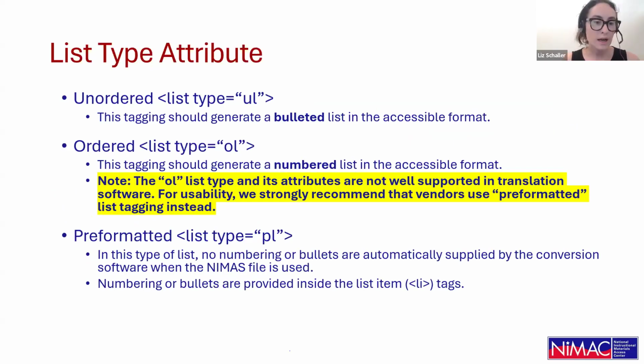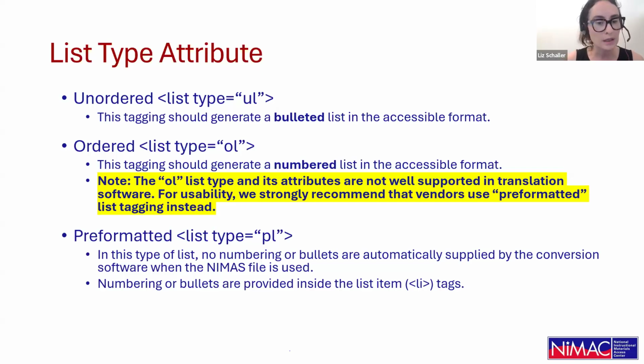The unordered list type should be used when you are tagging a bulleted list. This tagging should automatically generate a bulleted list in an accessible format conversion. Ordered list tagging should generate a numbered list in the accessible format, but we do know that this attribute is not well supported in translation software.